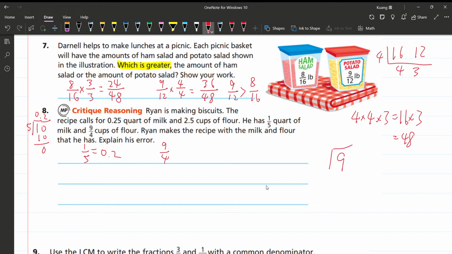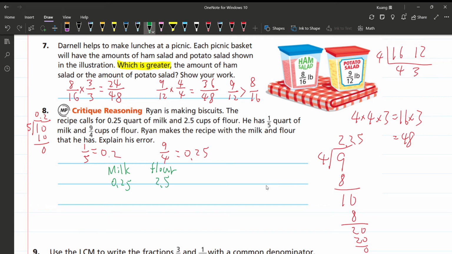And then 9 over 4 equals 2.25. Okay, so the green one is the recipe. The recipe tells me for milk we need 0.25, and for flour we need 2.5.